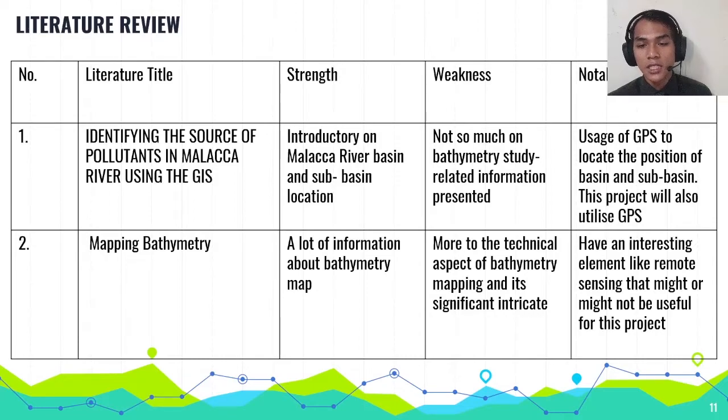The notable feature is the usage of GPS to locate the position of the basin and sub-basin. In this bachelor degree project, I will also be using GPS to locate my study area, my study region. Number 2 is Mapping Bathymetry by Dr.